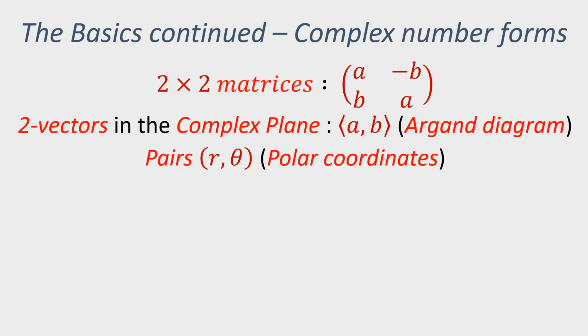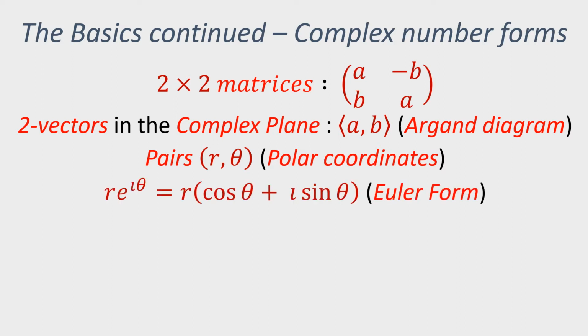We can think of them as pairs of numbers in a slightly different way by using what are called polar coordinates. And we have this very important final form, the Euler form, which relates complex numbers, the exponential function, and trigonometric functions.